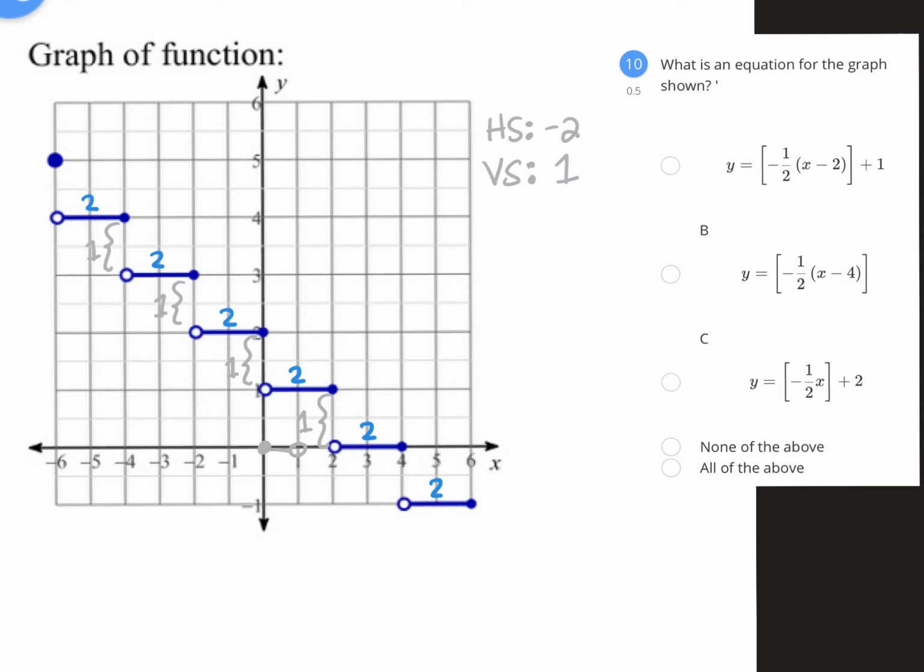And this is a question that's impossible to answer because unless I tell you which one corresponds to 0, 0, really any of them could correspond to 0, 0. So what I have to check for when I'm looking at my equations that are possible is which equations have a horizontal stretch of -2, a vertical stretch of 1. We'll start with that.